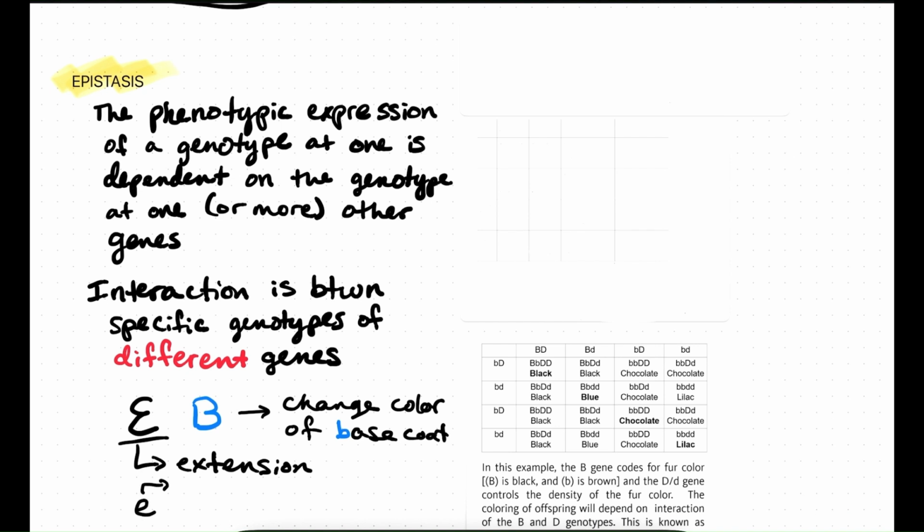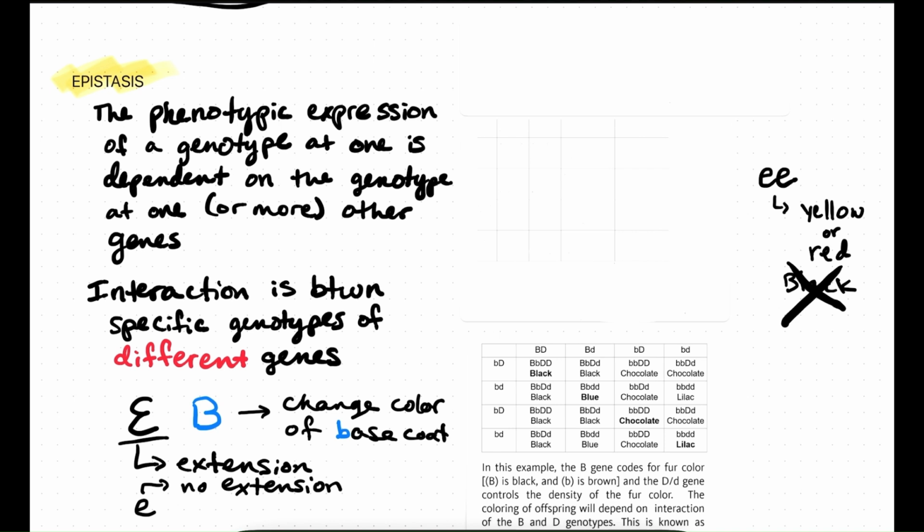The little e allele codes for no extension of dark pigment. When homozygous, the genotype little e little e only allows the production of yellow or red pigments over the black, so no black or brown pigments.